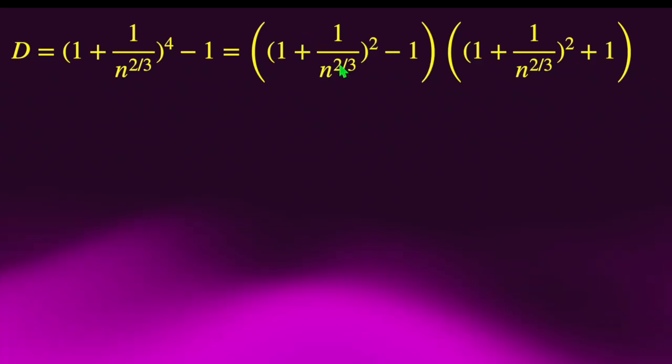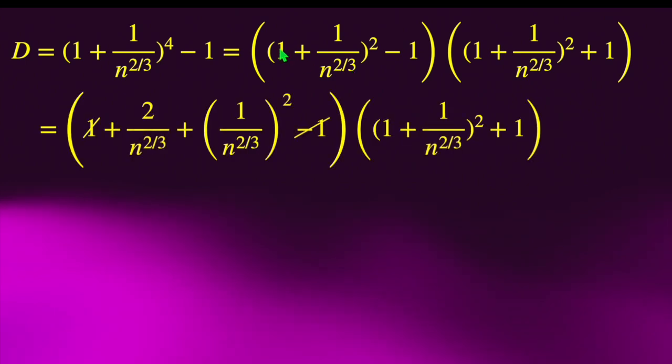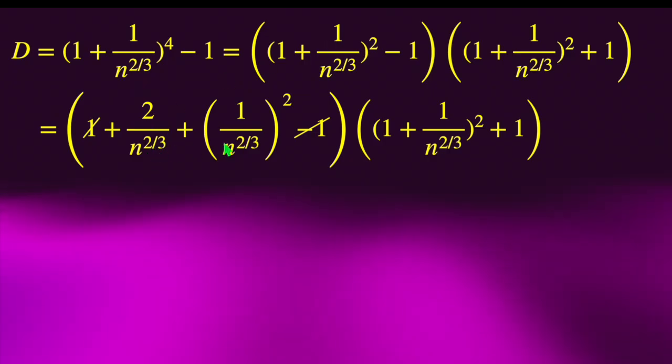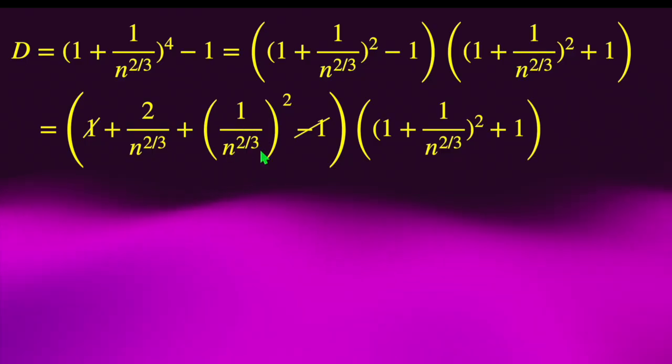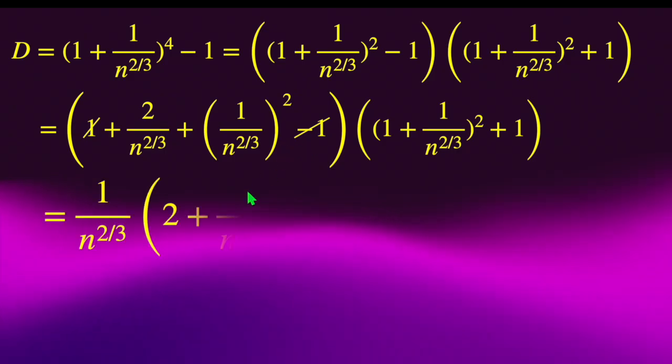And now we can use another algebraic identity to expand this quantity. So we get here 1 plus 2 over n^(2/3), plus 1 over n^(2/3) squared, minus 1. Here 1 minus 1 cancel, and finally we get this relation.